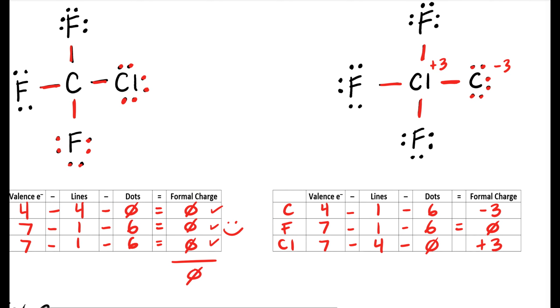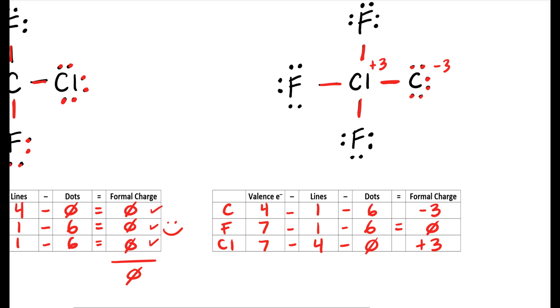I'm looking here at the formal charges, and we said earlier that formal charges of 0 mean that we've used the correct number of assigned electrons for that atom. I have a -3 and a +3. That's not so good. The atoms are not so happy with having formal charges of +3 and -3.